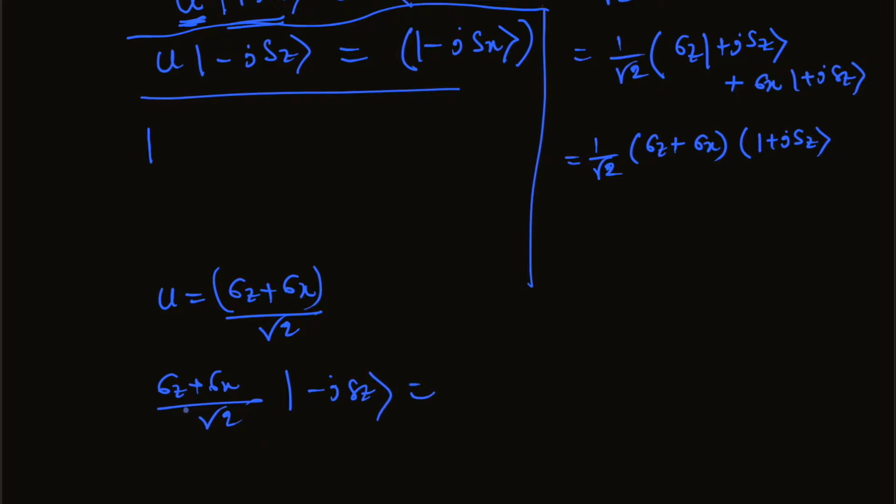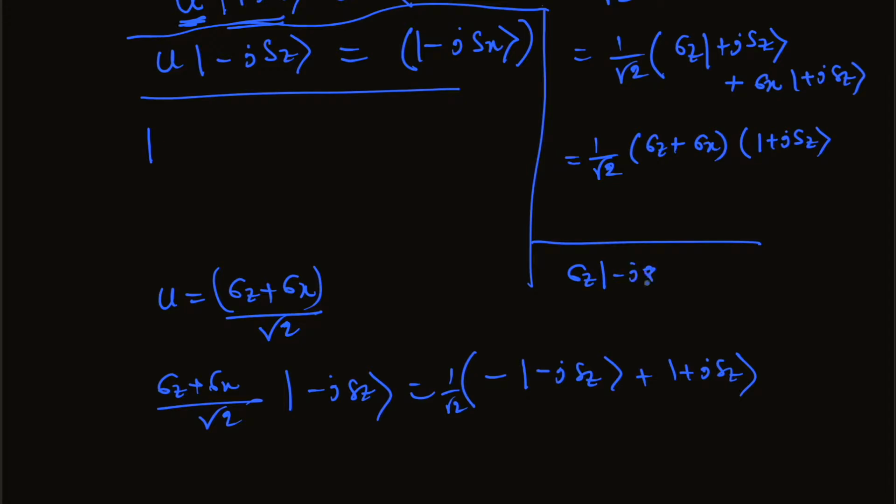We know that sigma Z on minus SZ will give minus SZ, and sigma X on minus SZ will give plus SZ.